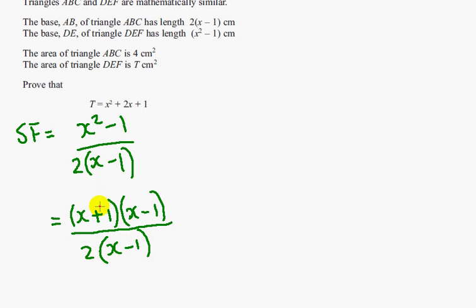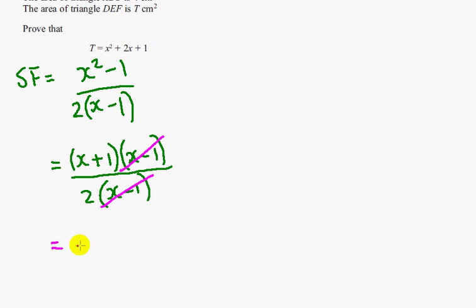As we can see, x minus 1 on the top and bottom, we can cancel those out, which leaves you with a scale factor of x plus 1 over 2.